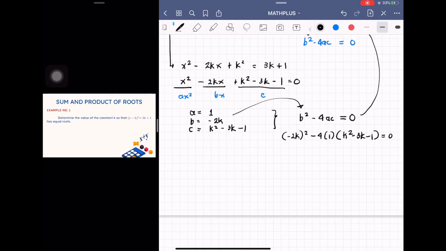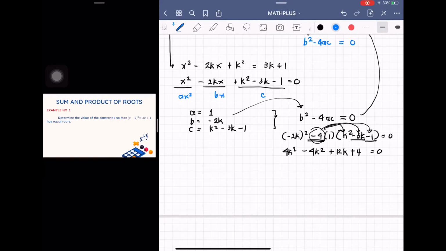Expanding and simplifying the equation, we have here positive 4k squared, minus, distributing the negative 4 to all these terms, 4k squared, and then negative 4 times negative 3k, that's positive 12k, negative 4 times negative 1, that's positive 4. Equate that to 0 and simplify.